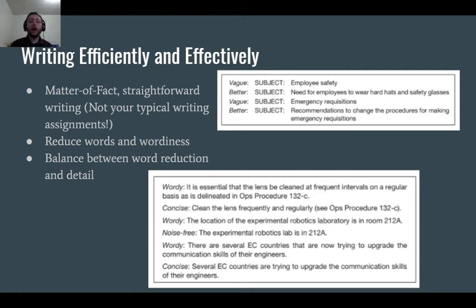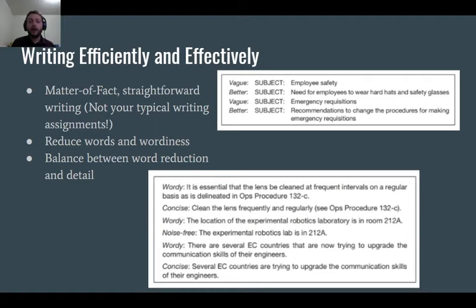On top of that, we want to talk about the balance between word reduction and detail. As I was saying earlier, we are trying to write as little as possible in one sense, but we're not only trying to reduce the amount of words we use, because we also don't want to lose the detail in what we are trying to communicate.